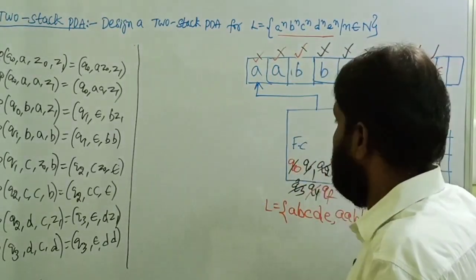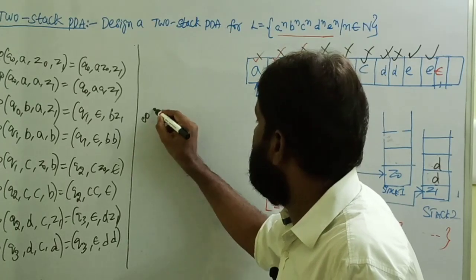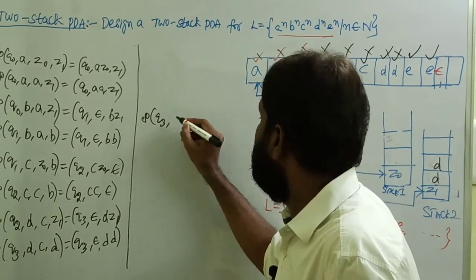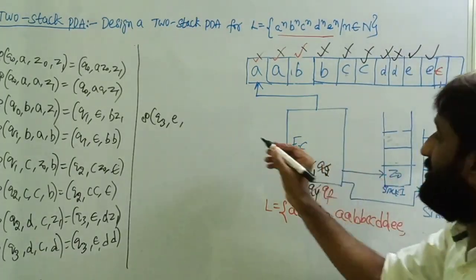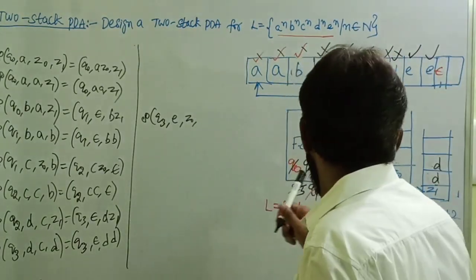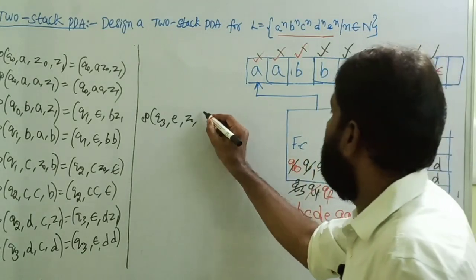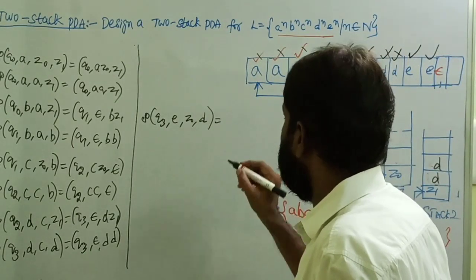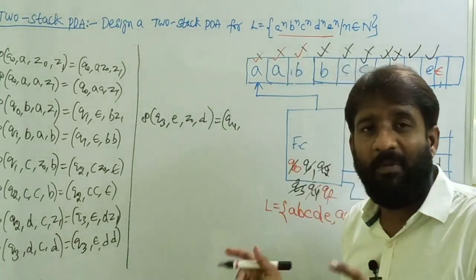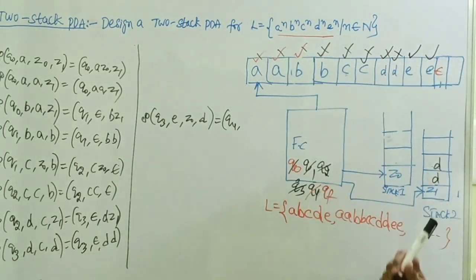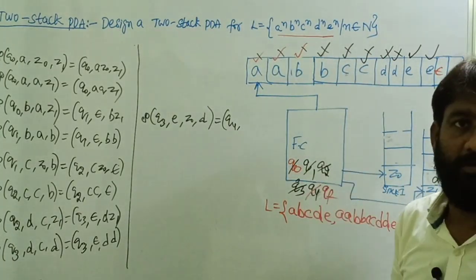Okay. Then we have E's. How we have written it: transition of Q3, input symbol is E, top of the stack 1 is Z0, top of the stack 2 is D. Okay, that equals to move to the new state Q4 because we are doing pop operation on stack 2 without doing any push operation.